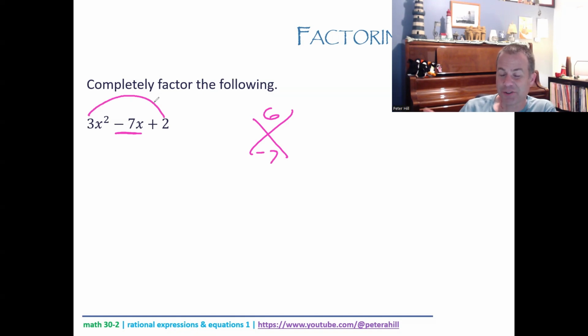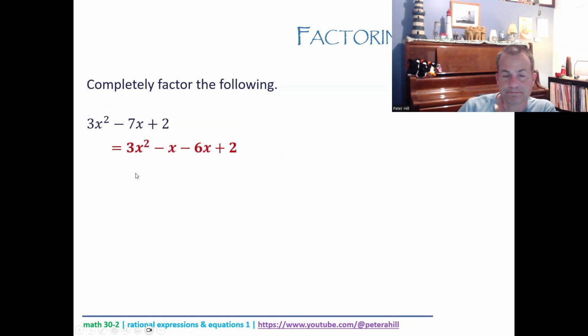If I want to add two numbers and get a negative number, that tells me both my numbers have to be negative. Okay, so I'm thinking about -1 and -6 here. -1 times -6 is +6. -1 plus -6 is -7. Okay, so I'm going to break down my -7x into -1x and -6x.